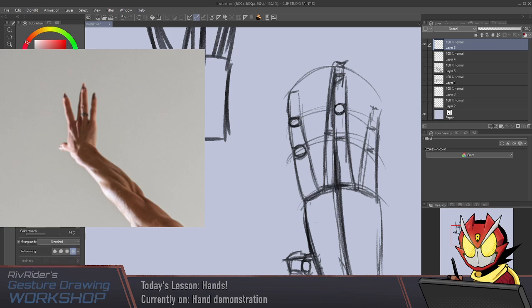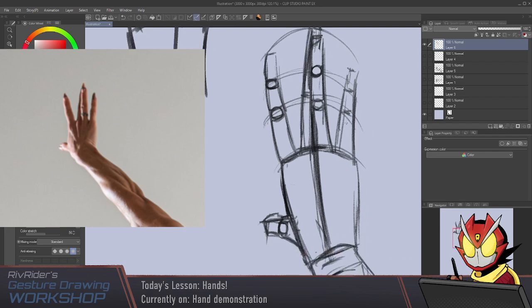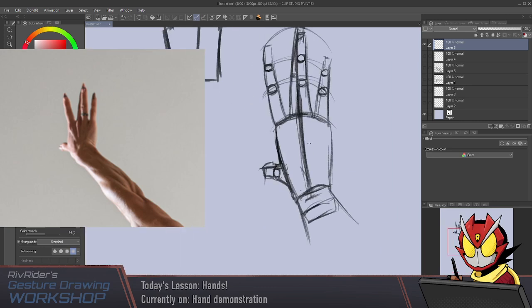Because when you're further along and you have more experience drawing hands, you can just simplify it to the cylinder. Because the joint is visible when you're just holding your fingers up. That doesn't go away or anything.